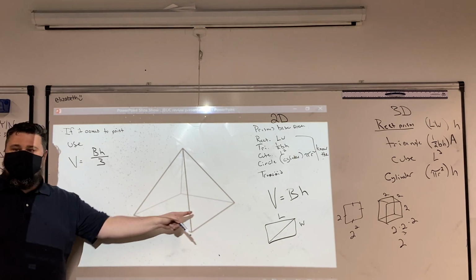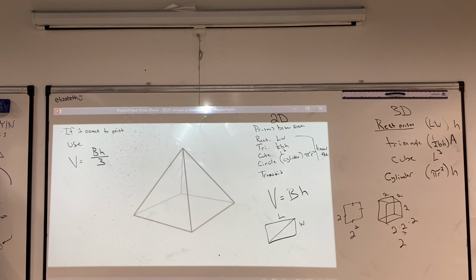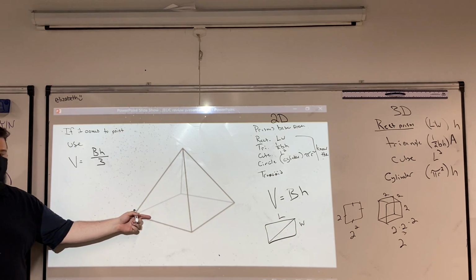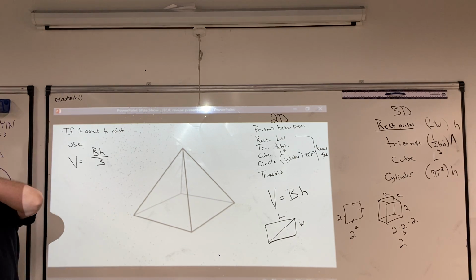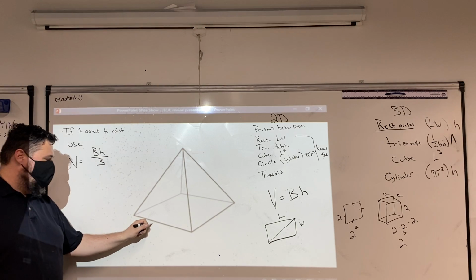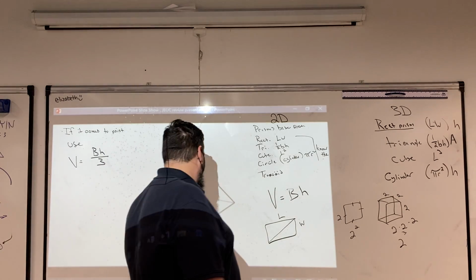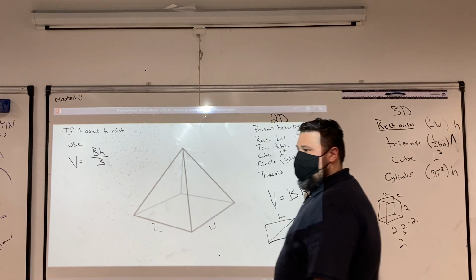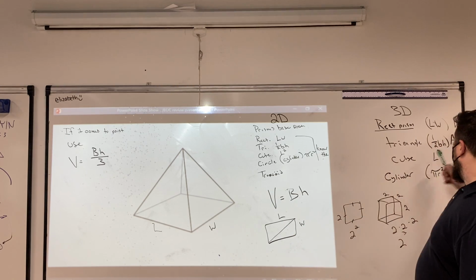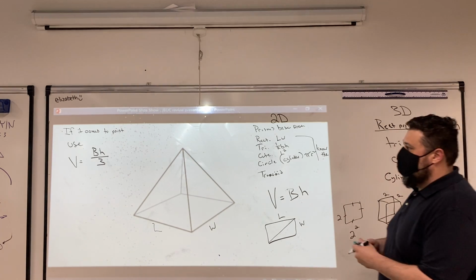What's the formula for the area of this base? What shape is it? It's a pyramid. Yes. It's a quadrilateral. So what's the rule? Say it again. Yeah, length times width. So whatever L is times whatever W. Where in the world do we get our height from? This is what I meant by drop that altitude.